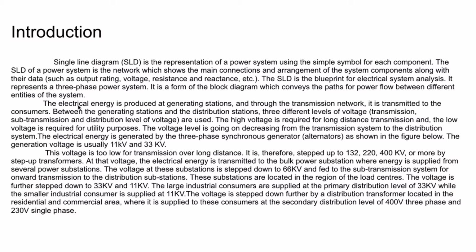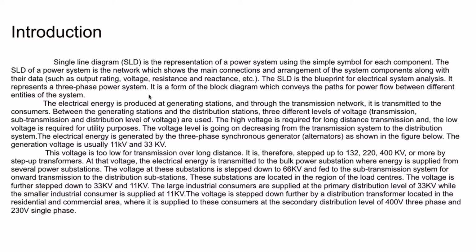So I will be explaining about the electrical generation and the distribution of electrical energy. The electrical energy is produced at the generating station, and through the transmission network it is transmitted to the consumer.